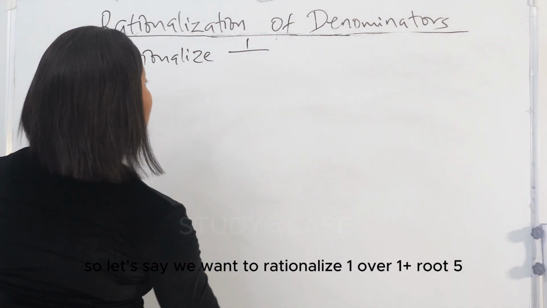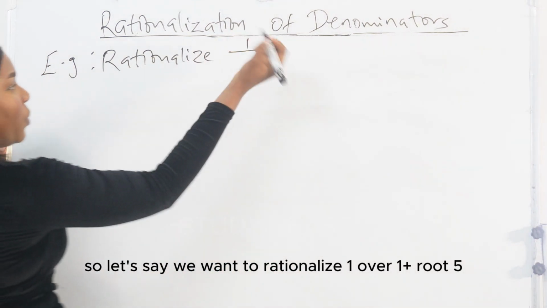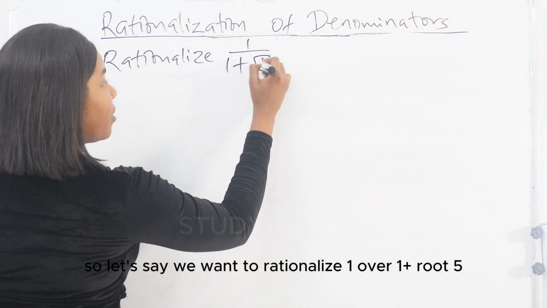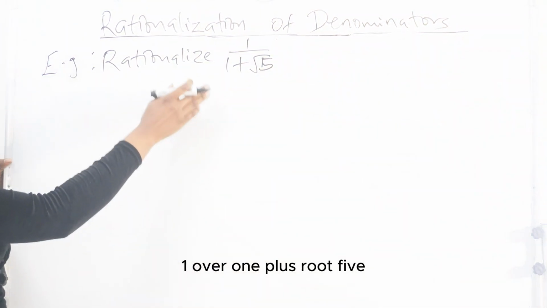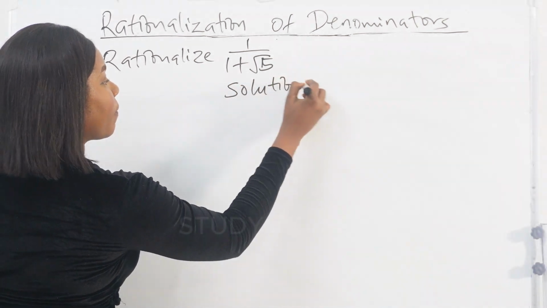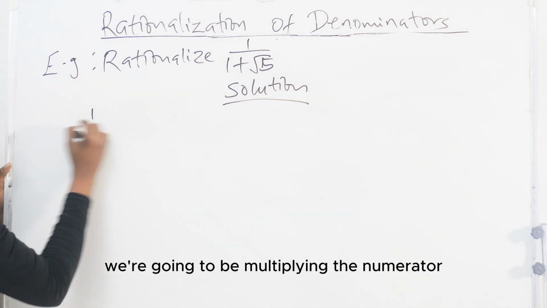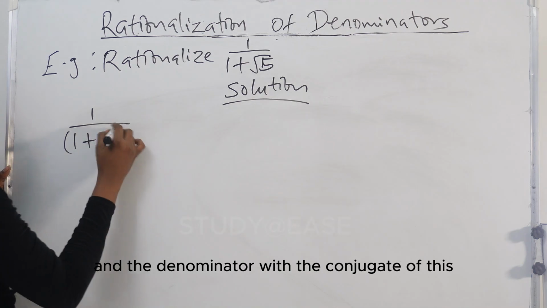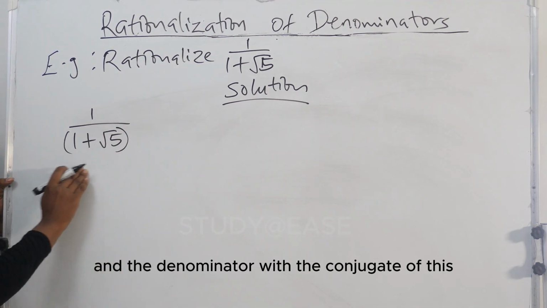So let's say we want to rationalize 1 over 1 plus root 5. In this case, we're going to be multiplying the numerator and the denominator with the conjugate of this.